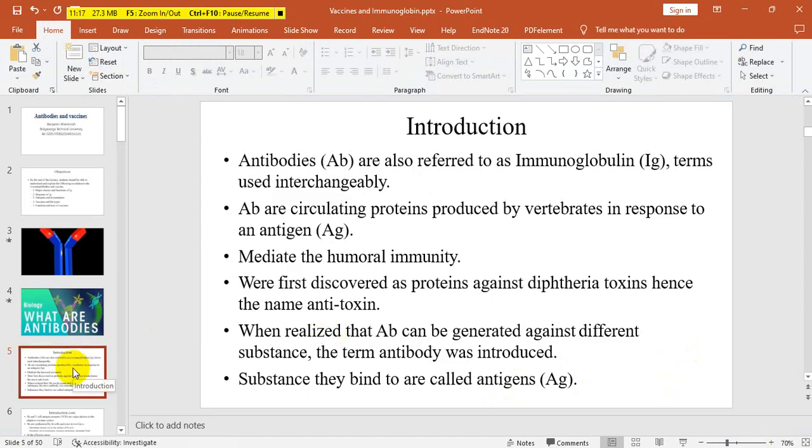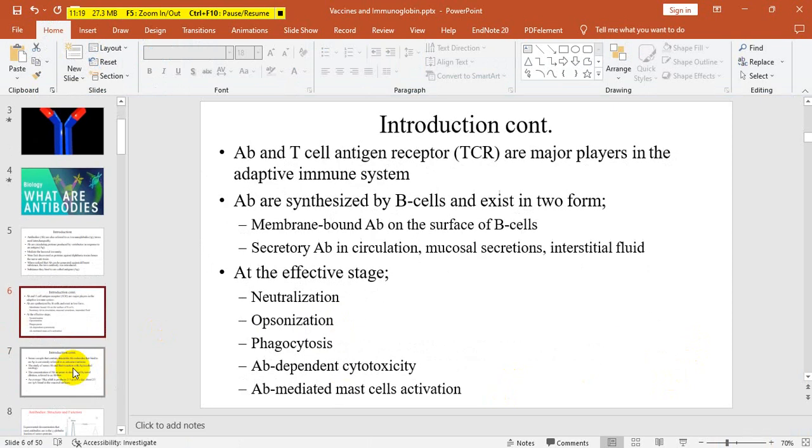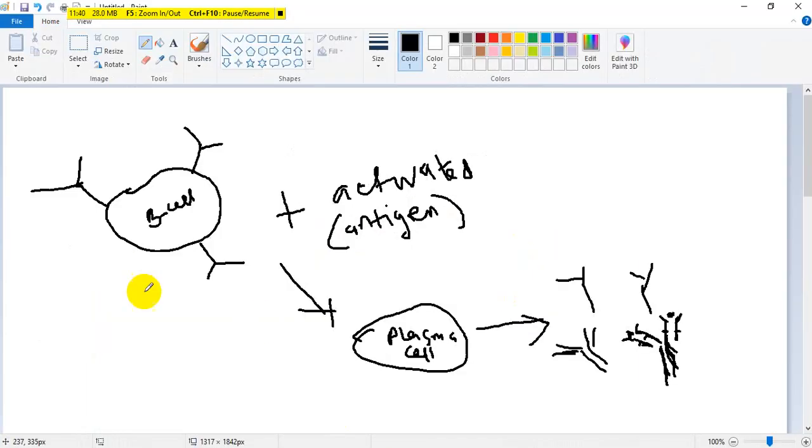So, still on the introduction. Antibodies and T-cell antigen receptors are major players in the adaptive immune system. Antibodies are synthesized by B cells and exist in two forms. We have the membrane-bound antibodies on the surface of the B cell, that is this one, plasma membrane-bound.